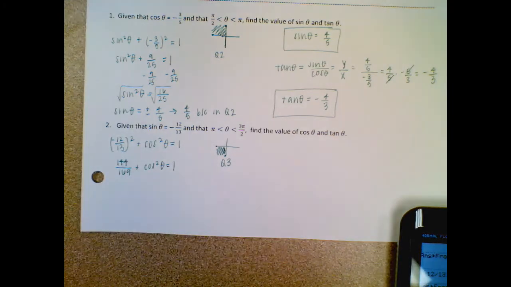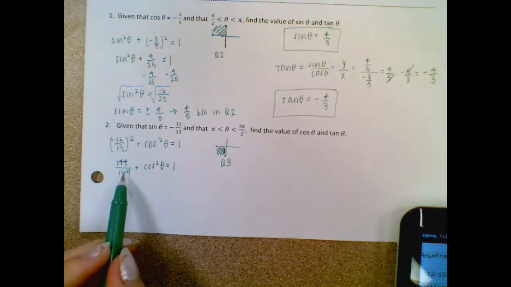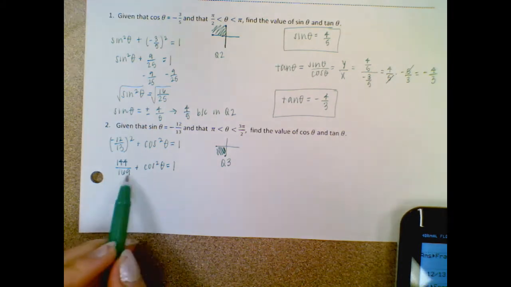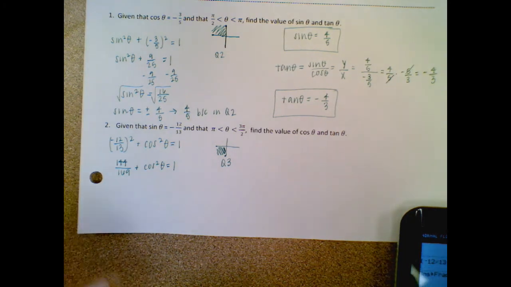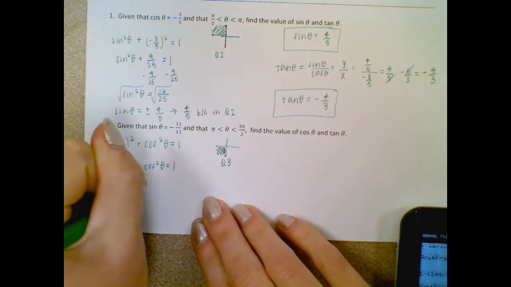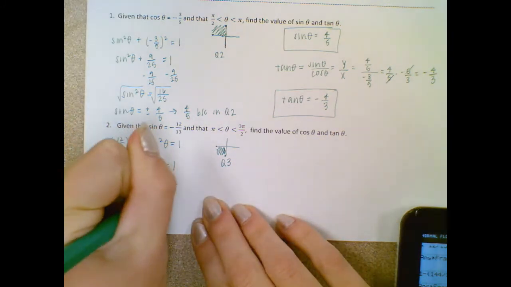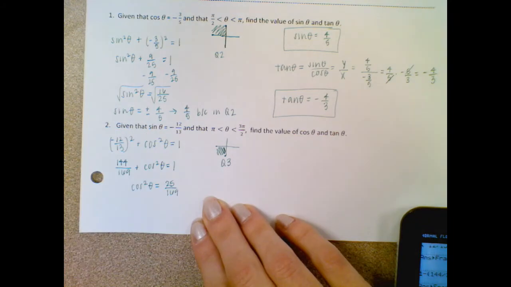I'm not going to show quite as much work here, but I think we understand the idea. I'm going to subtract the 144 over 169 from both sides. So 1 minus 144 over 169, so cosine squared theta equals 25 over 169.